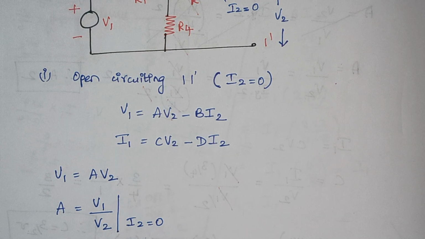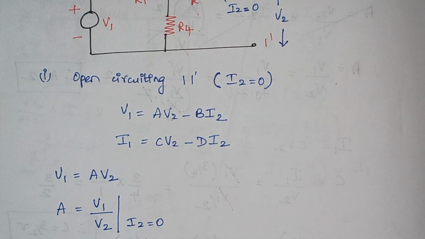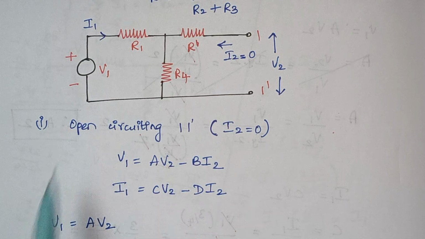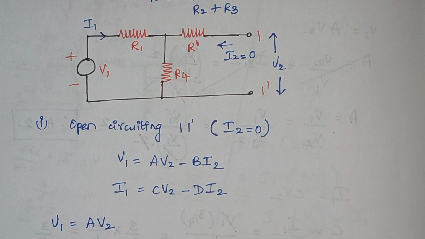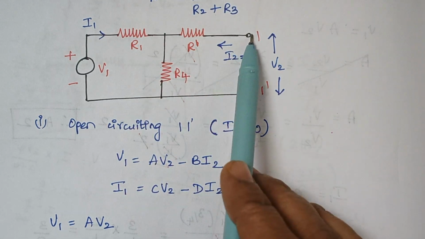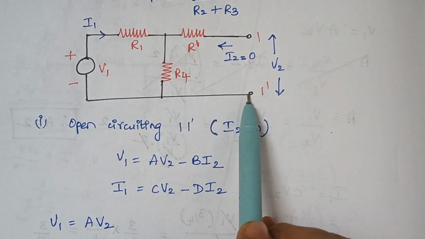Now we are going to calculate the value of V1 and V2 here. How to calculate V1? V1 is nothing but I1 into Z. How to find the equivalent impedance here? In this circuit diagram we have an open circuit. As we all know, current never flows in an open circuited path.